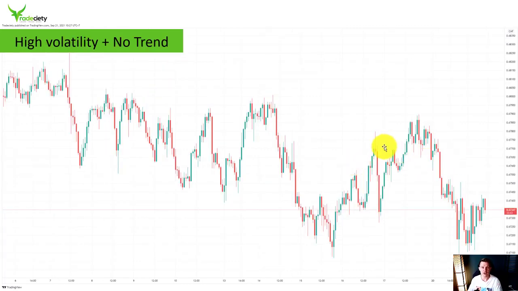Here we have a high volatility and a non-trending market, so two things that you don't want to see at the same time. We have a lot of noise, a lot of volatility, lots of movements in both directions, very unpredictable, and then there's not even a trend. If you are a trend trader, this is the last thing that you want to see.